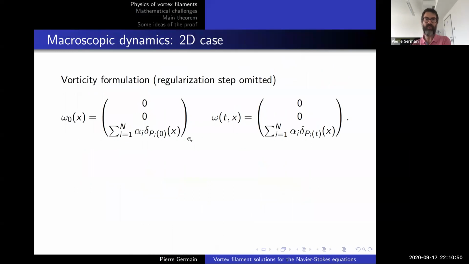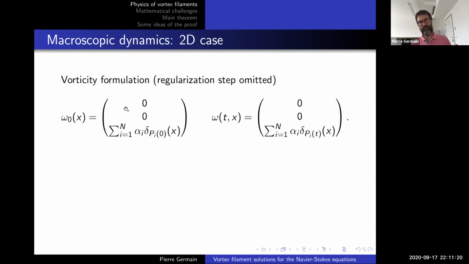Now, how about the macroscopic dynamics? So let's start with the two-dimensional case, which has been solved. So initially, suppose you have a number of vortices which have the position p_i(0) and the strength alpha_i.